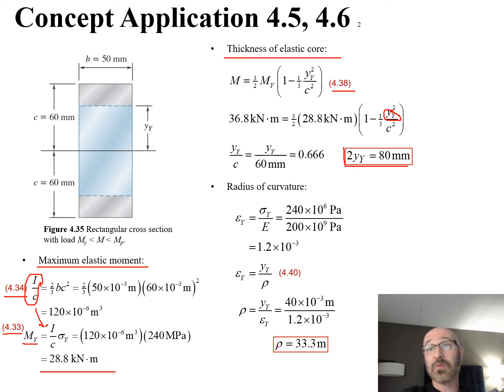So again, that was 2 times y sub y there. And then from that, we take that relationship in order to plug back in to get our radius of curvature from equation 4.40 in our textbook to get that rho value. So this is just a summary and a good spot to reference back to for all those governing equations if you were to experience a problem similar to this.